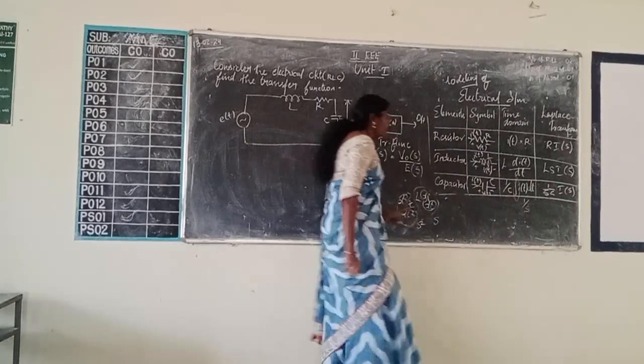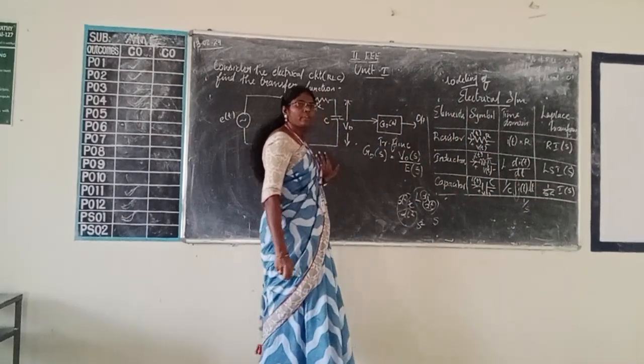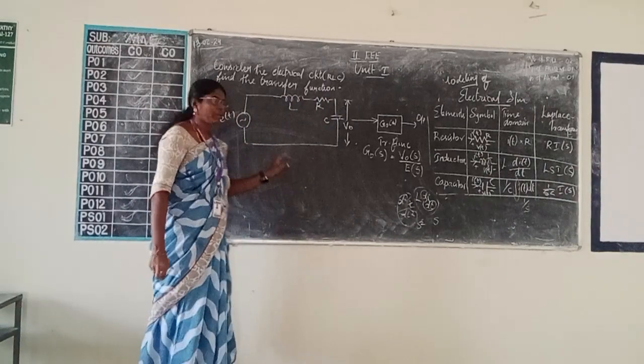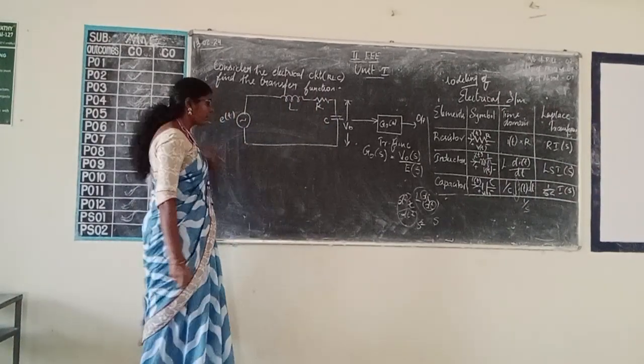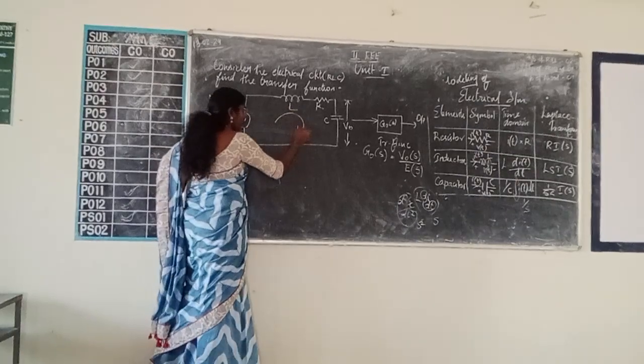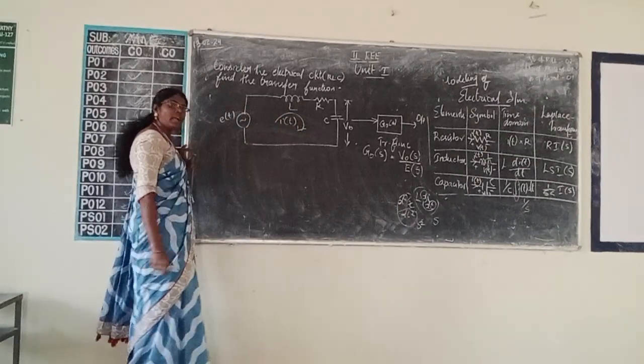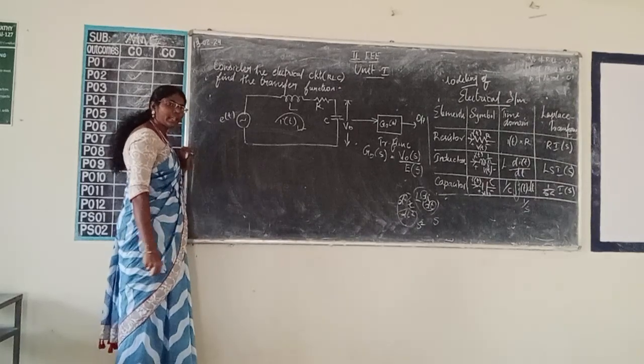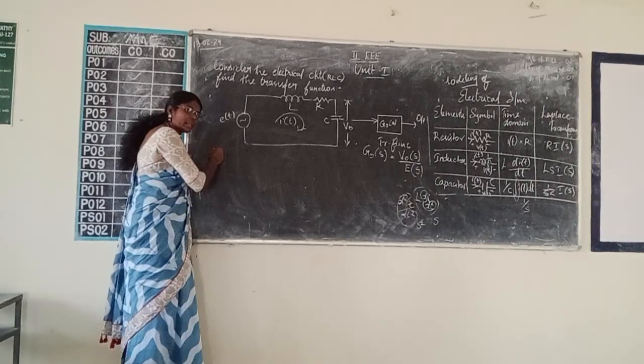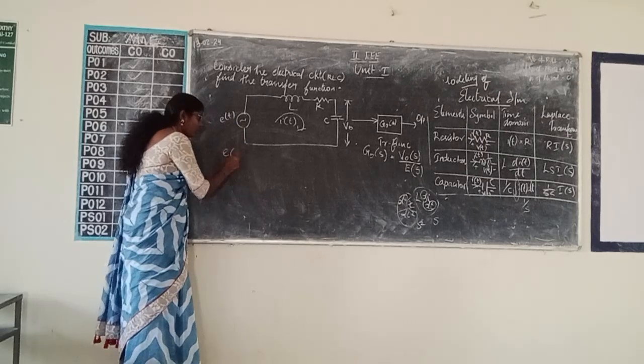Now, based on this, we are going to find the differential equation for this electrical circuit. This is the current flowing, I of t. You know KVL; how will you write it?